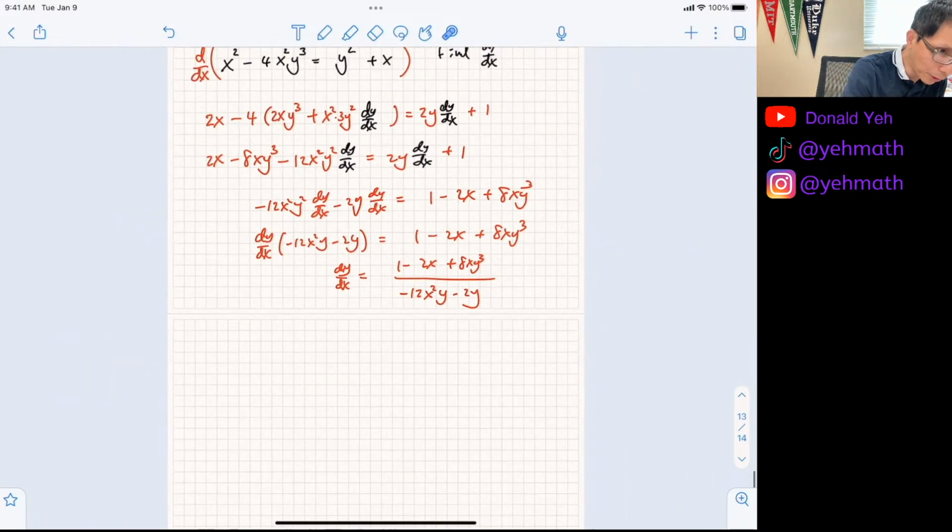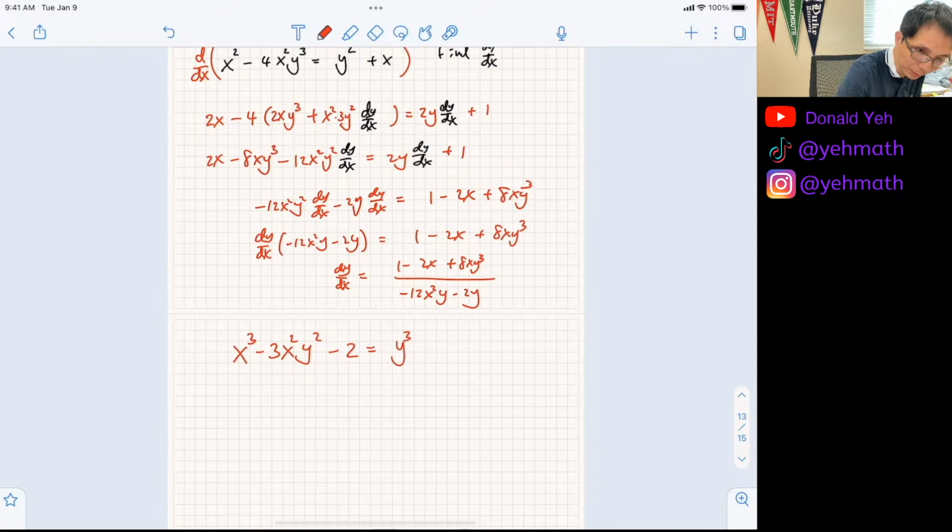So I'm going to give you one for you to try, and I'm going to see how well you do. Remember, you can create a very good discipline as long as you do it right. So I'm going to say x cubed minus 3x squared y to the second minus y to the minus 2 equal to y to the cube minus 2x.